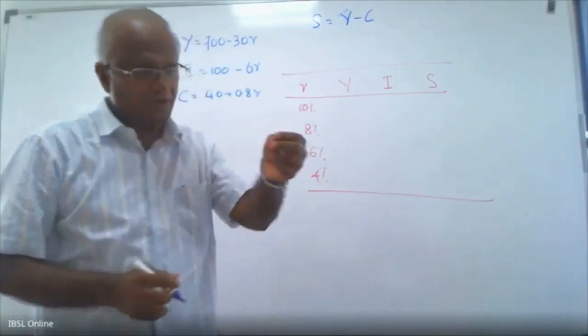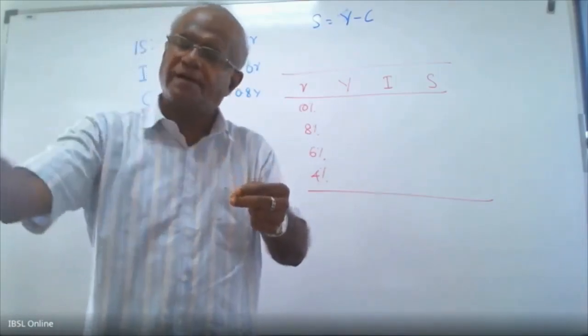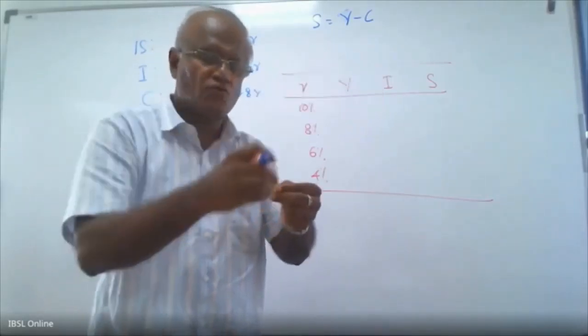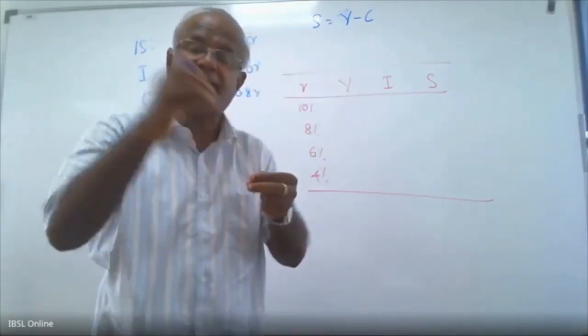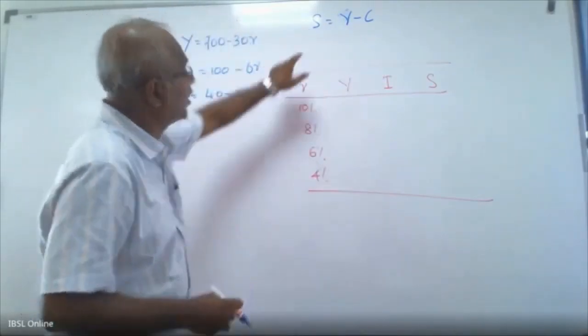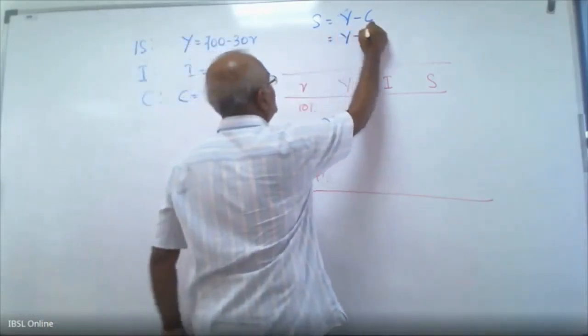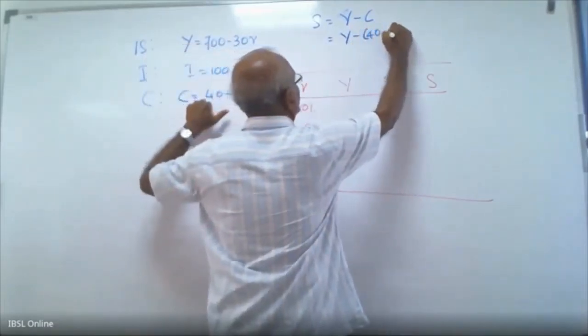When you take Y in this model, what will happen? Part is spent on consumption, the balance is saved. Y equals C plus S. Therefore, savings equal Y minus C. We are going to derive the savings function. Y minus C, where the consumption function is 40 plus 0.8Y.